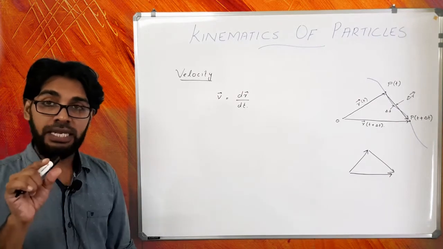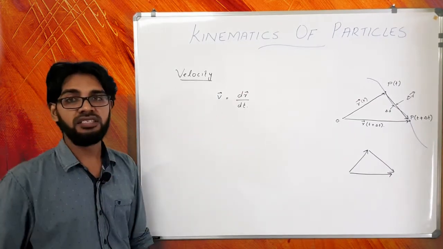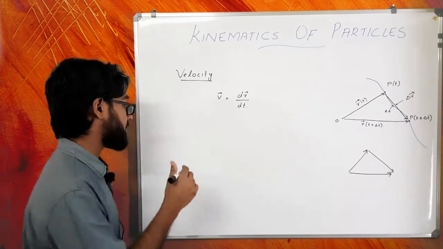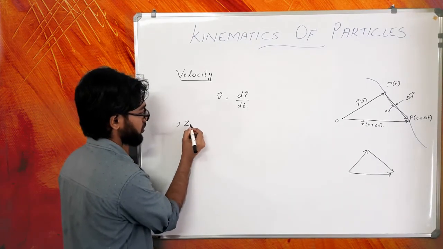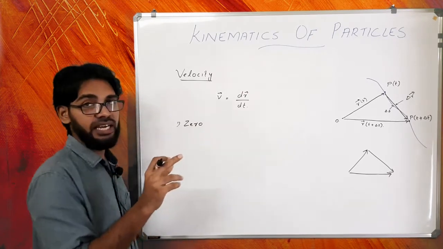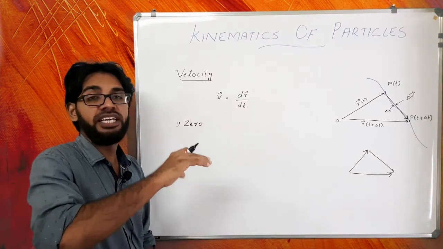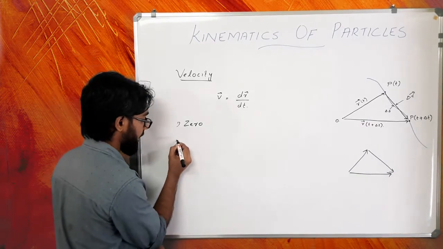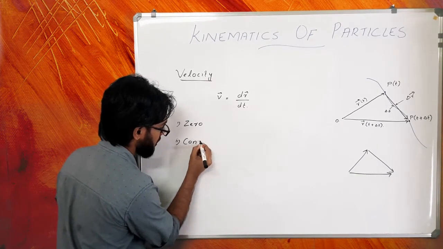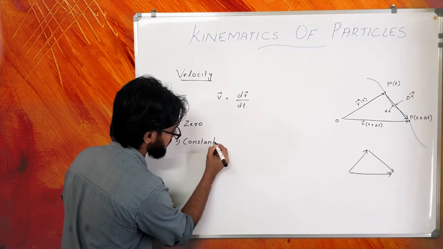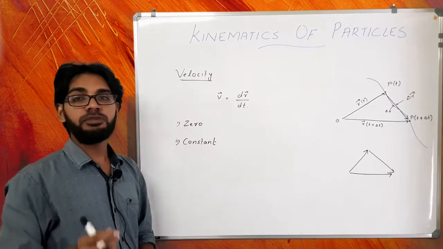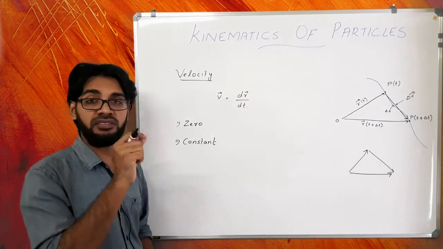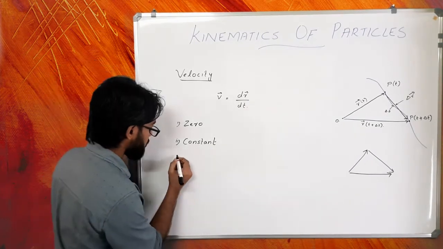Now, depending upon the motion described by the particle, the velocity of the particle can either be 0, which indicates that the particle does not change its position, it is remaining at the same point, or it can be constant, which means that it is constant both in magnitude as well as direction, or it can also be varying.